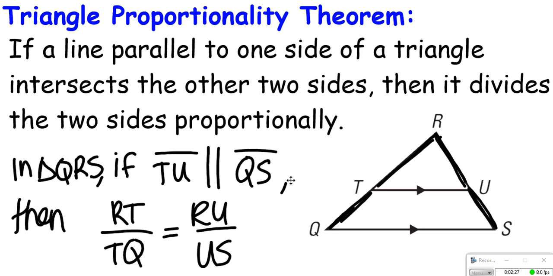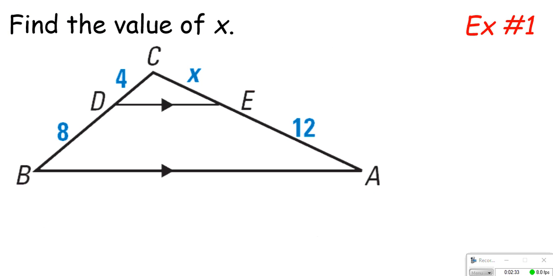But we have to know that TU is parallel to QS in order to know that that is true. So here we have DE is parallel to BA. Therefore, we know that CD to DB is equal to CE over EA.